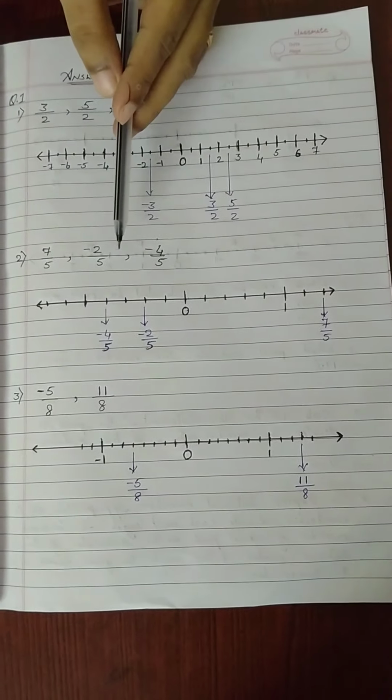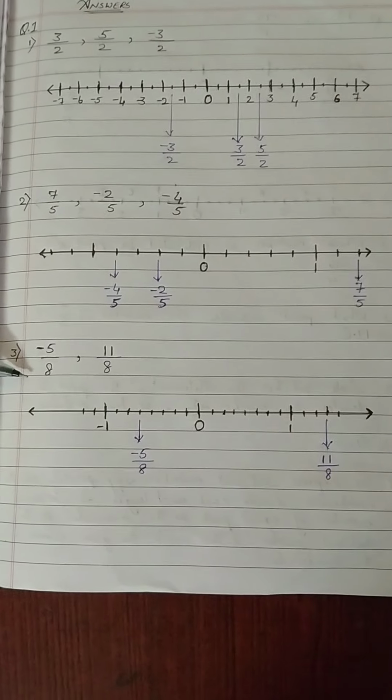So after 1, 6 upon 5, 7 upon 5. Here we can see that 7 upon 5. Minus 2 upon 5 to the negative side: minus 1 upon 5, minus 2 upon 5, minus 3 upon 5, minus 4 upon 5. So minus 2 upon 5 and minus 4 upon 5 you can see over here. I hope you have understood the second sub question.